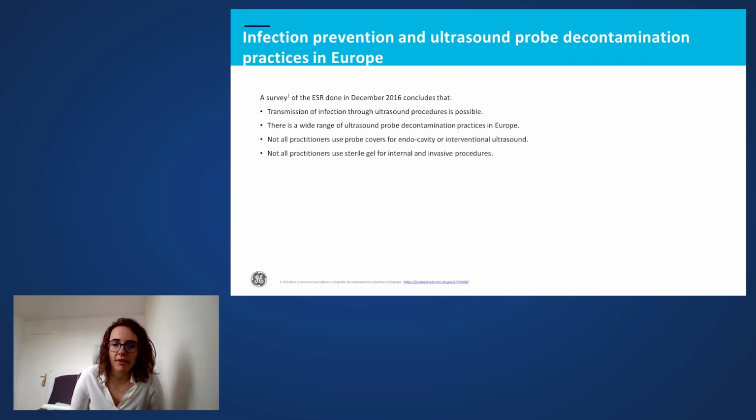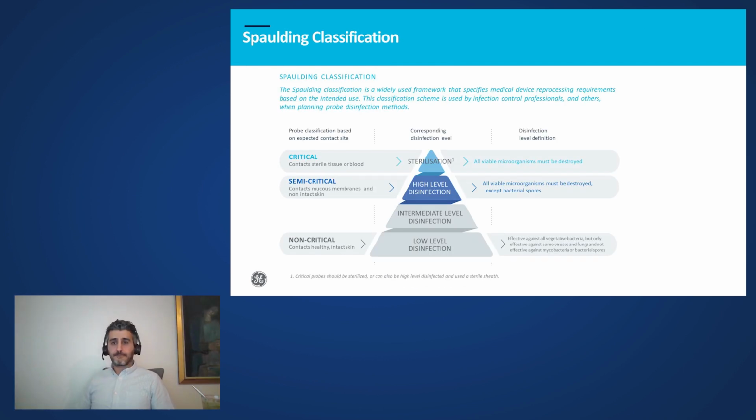Okay, thanks, Benjamin. I think we see clearly the risk and the importance of taking it seriously. Then I would like to ask you, when should we disinfect ultrasound probes? What will help us to choose the way of disinfecting the probes is knowing how ultrasound probes are classified. There are Spaulding classifications for ultrasound probes based on the intended use.